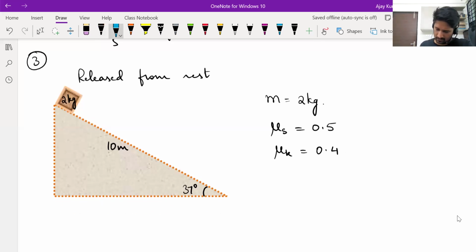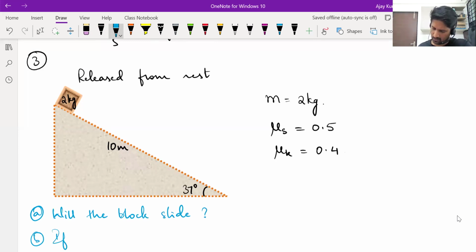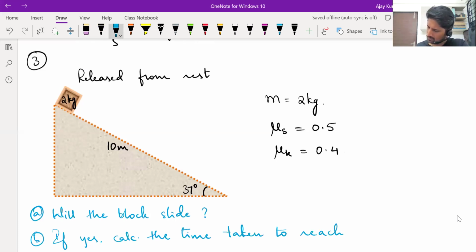So first thing, will the block slide? If yes, calculate the time taken to reach the bottom of the incline.